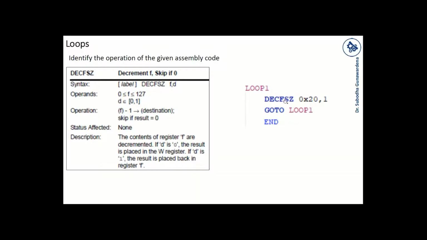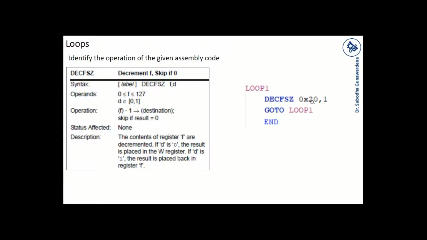This instruction has two operands as given in this explanation. The first operand is the address of the memory location, and the second operand is not an address; it will direct you to the location for the result. So it is like this.